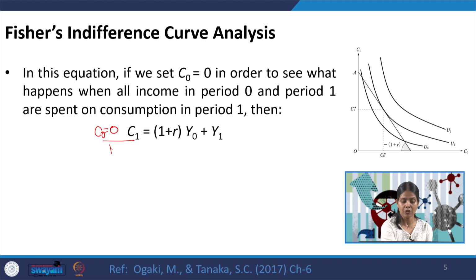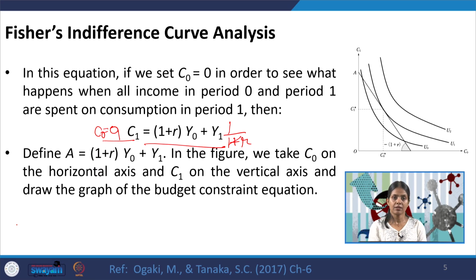Now this 1 upon (1 plus R) is taken to the other side. Y1 also has 1 upon (1 plus R), so this cancels out, and this is the expression we have. Now, let us define A equals (1 plus R) Y0 plus Y1. This term is denoted by A.